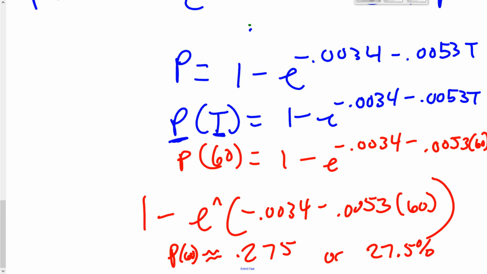And then it asks us, okay, what value of T will give a 50% reduction in carbon emissions? So P of 60 is saying that if we had a tax of $60 per ton of carbon, then we would have a 27.5% reduction in carbon dioxide emissions.